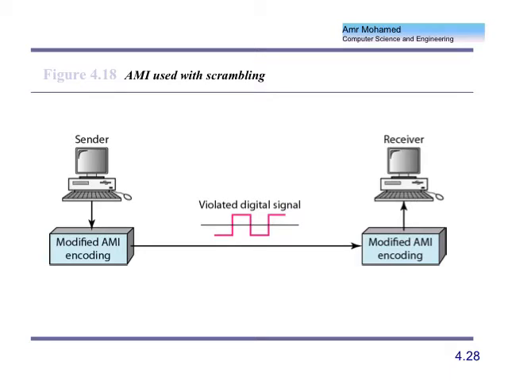This is just for scrambling. So you should decode this as consecutive zeros. You see what I mean? So I'm just trying to get away from the constant 0 voltage, okay, to enhance the synchronization. So let's see how this is done.